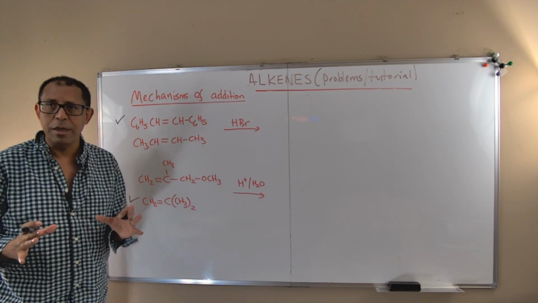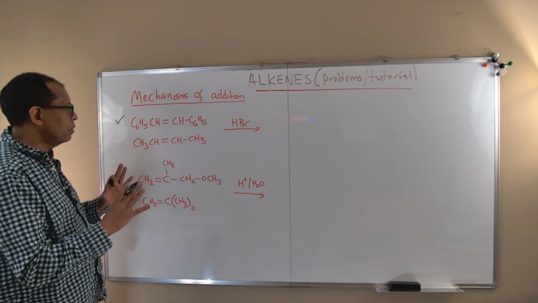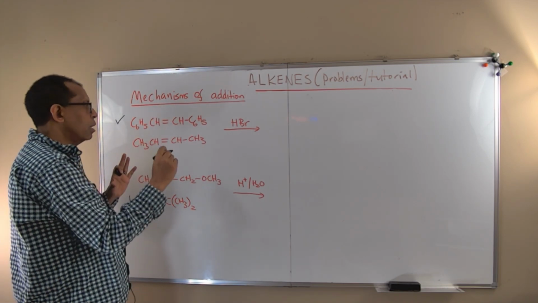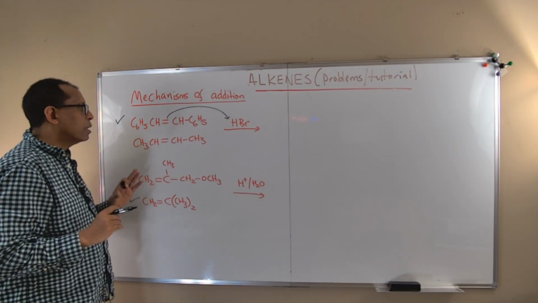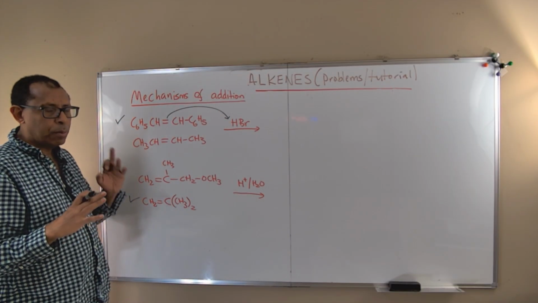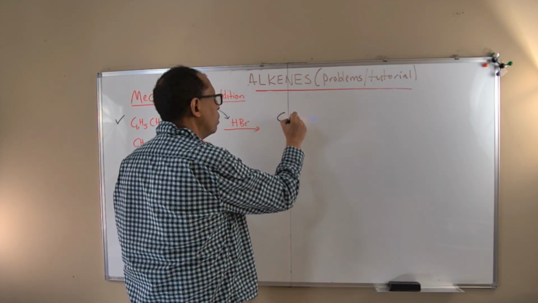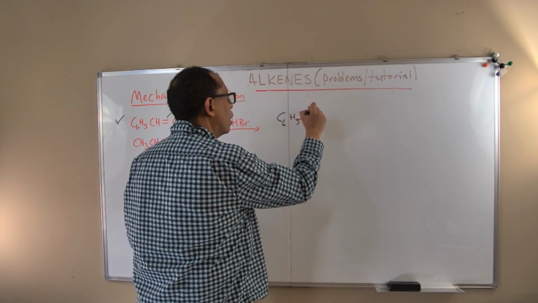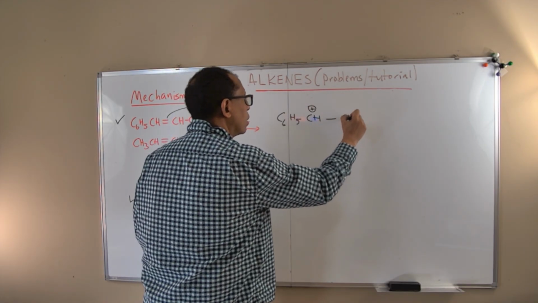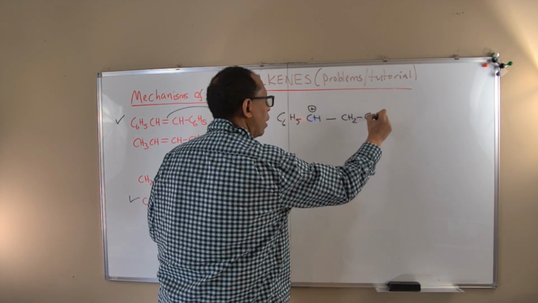The question is why? So I'm going to show you the mechanism first. The initial step is abstraction of a proton, which leaves a carbocation being formed in the rate determining step. Here it becomes CH, CH2 and C6H5.